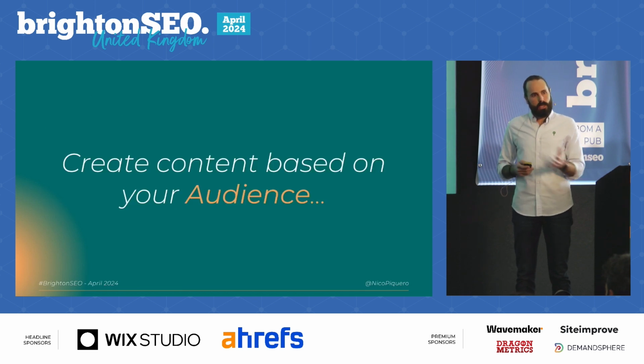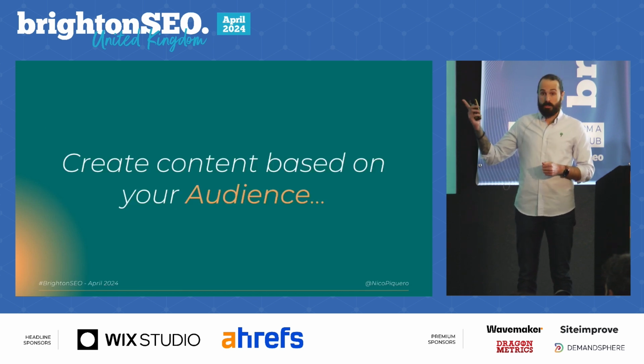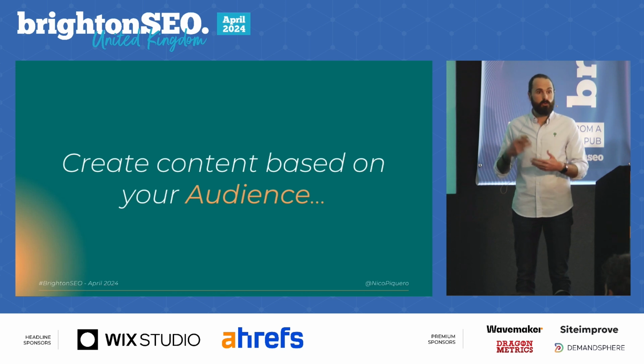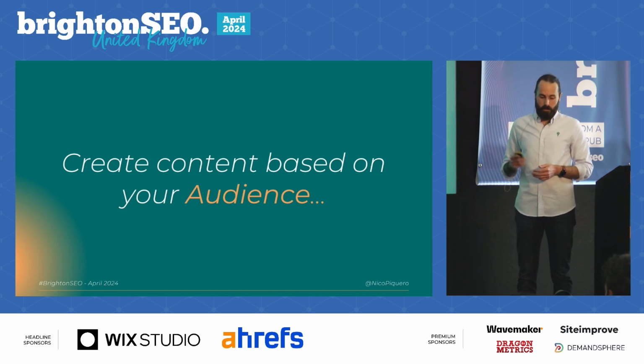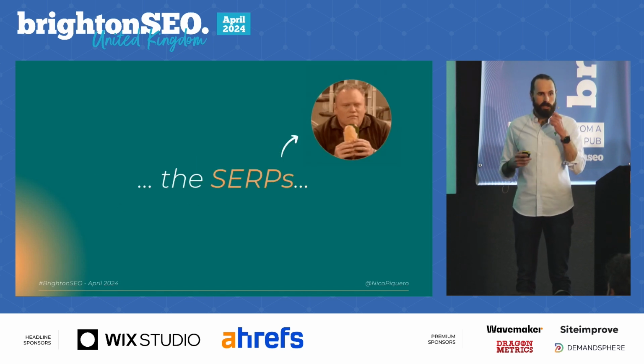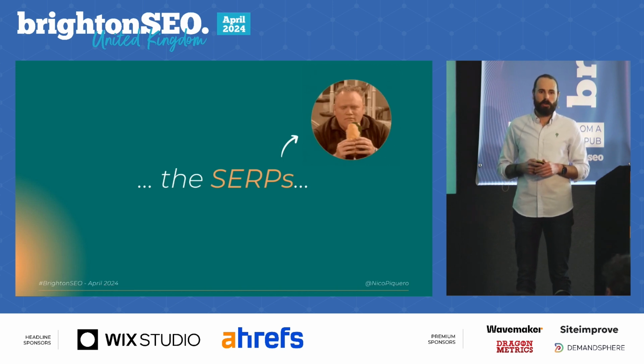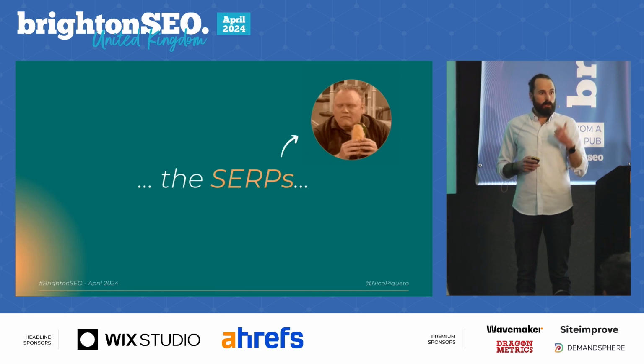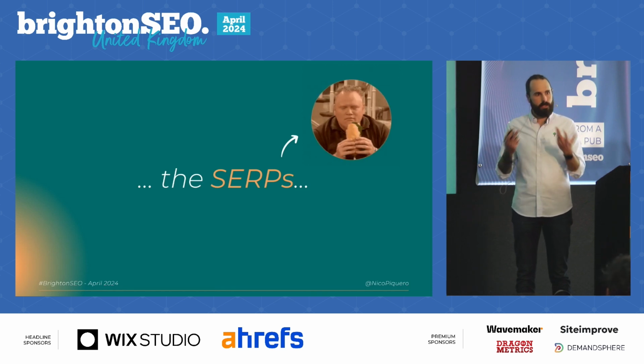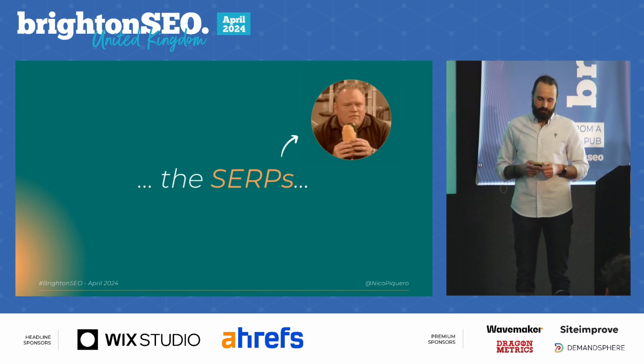Instead, we want to create our content based on our audience. We want to analyze our audience to know our audience. We want to smell the SERP by typing our related topic into Google. We are going to find the different pages, different results, different content. We are going to be able to feel and understand the intent behind the query.